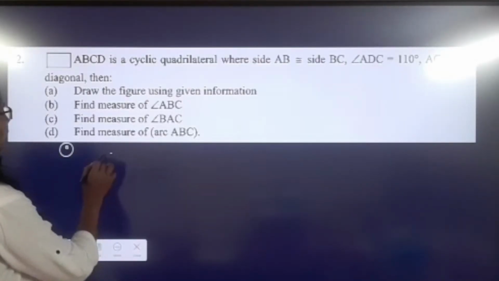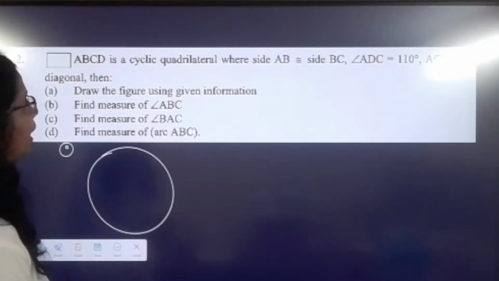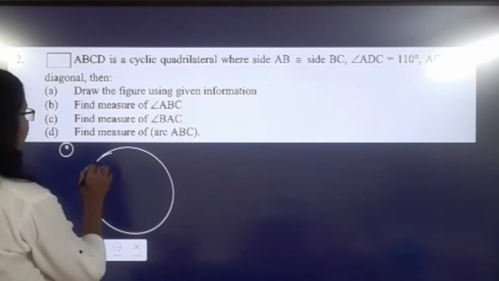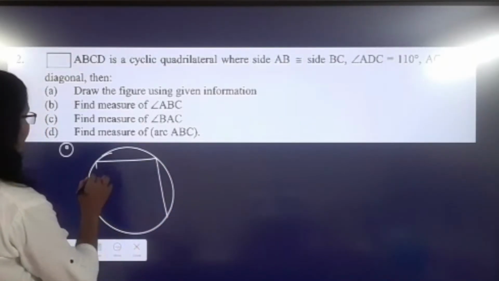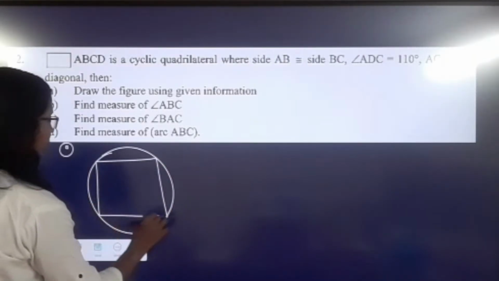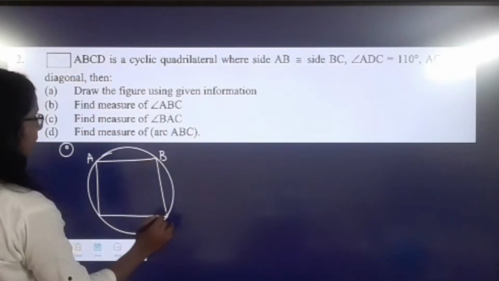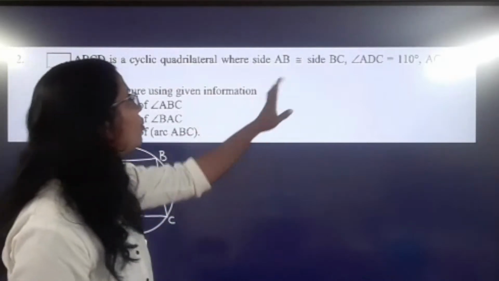So here there is a circle, and in that circle A, B, C, D. Here I draw the quadrilateral. So here name it A, B, C, D. Okay, so here AB congruent to BC.